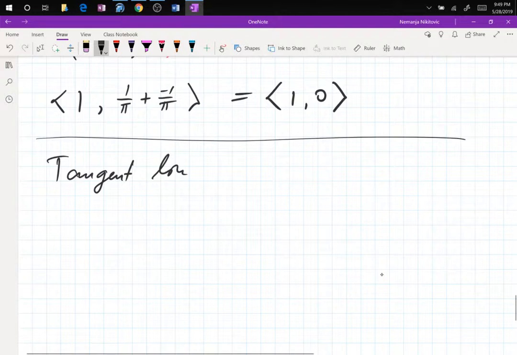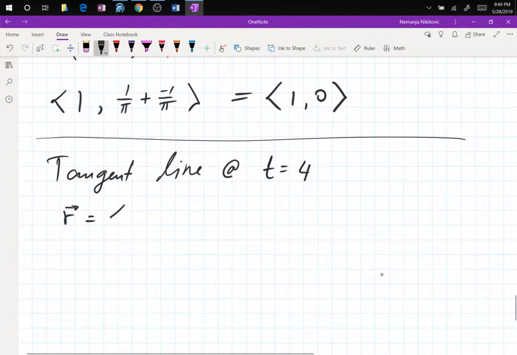Tangent line at t equals 4 for r, square root of 2t plus 1, comma, sine pi t, comma 4.